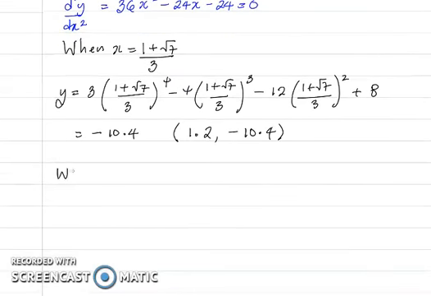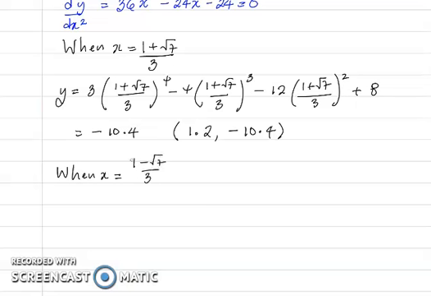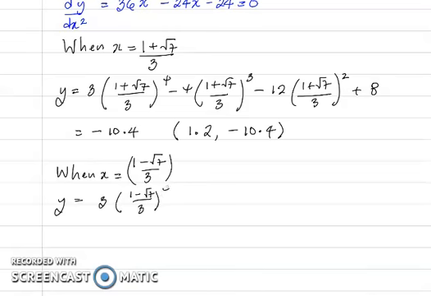So next I'm going to say when x is equal to 1 minus the root of 7 over 3, y would be equal to 3 into 1 minus the root of 7 over 3 to the 4th power, minus 4 into 1 minus the root of 7 over 3 to the 3rd power, minus 12 into 1 minus the root of 7 over 3 squared, plus 8.